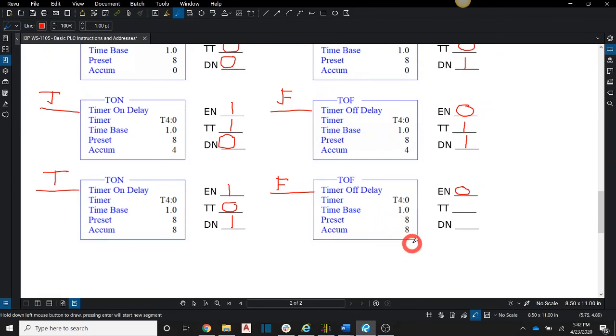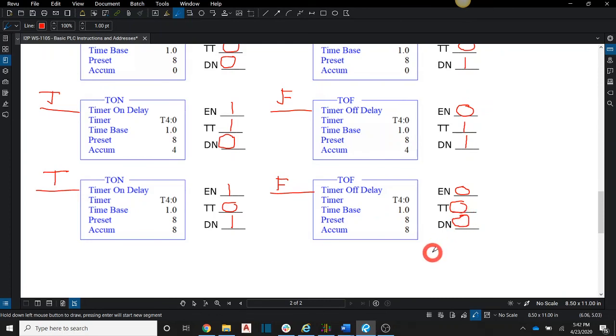And since we are complete, we're no longer timing, so our timer timing bit will be a 0. And we are complete because our definition of complete is when preset and accumulated equal one another. But remember, our done bit is the opposite of complete. Since we are complete, that means our done bit will be set to 0.